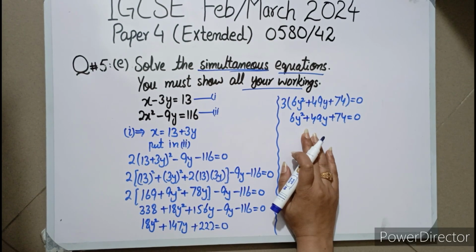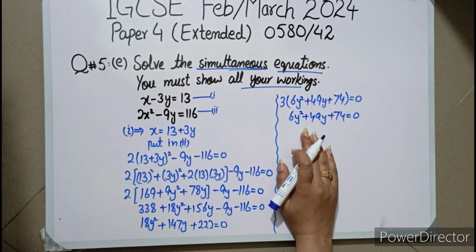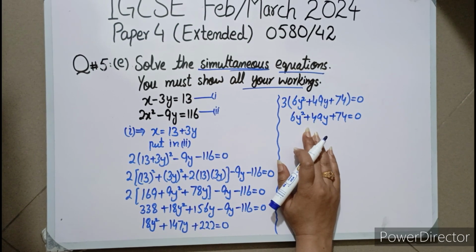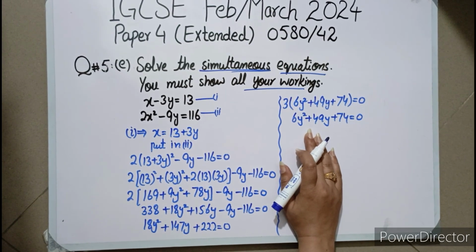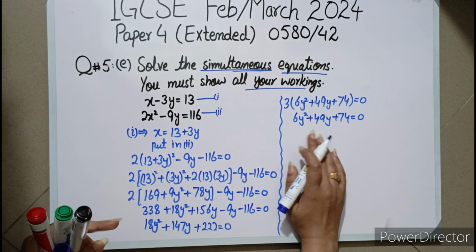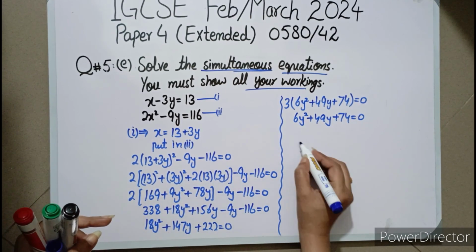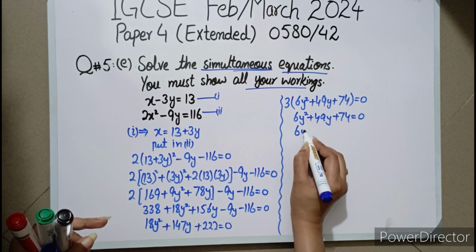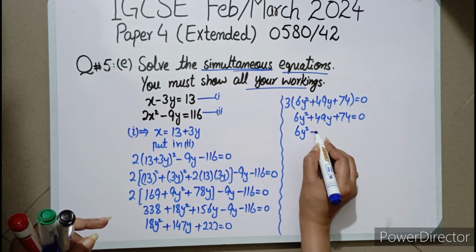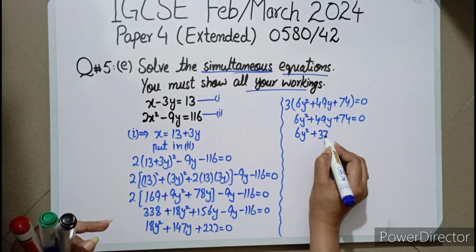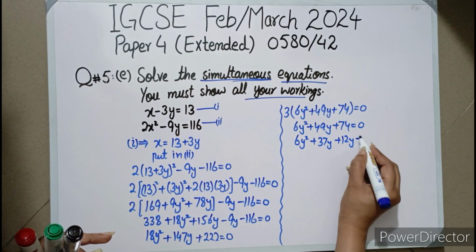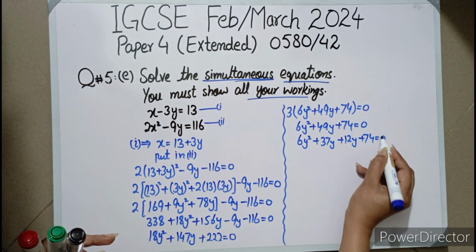Now this is a quadratic equation. You have to factorize it. Factorization is quite clear in the first question, so here we are just typing the result. It can be factorized as 6y squared plus 37y plus 12y plus 74 equal to 0.